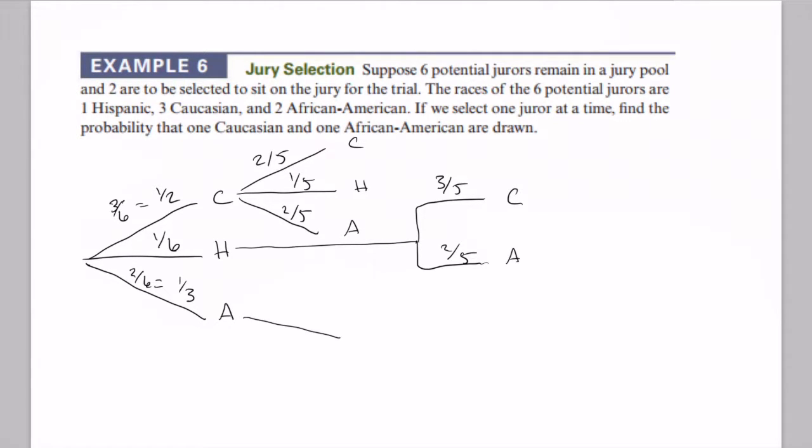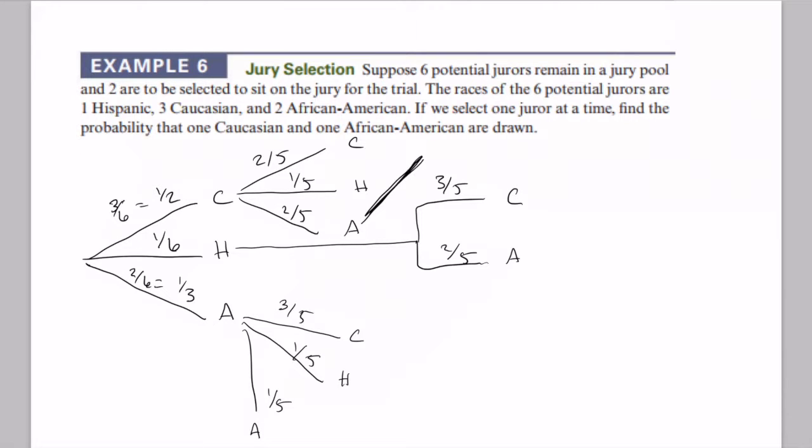And then we have the Caucasian, again, 3 out of 5 for this one. The Hispanic is 1 out of 5. And the African American would be 1 out of 5. Now, we need to find the probability that it's 1 Caucasian and 1 African American.